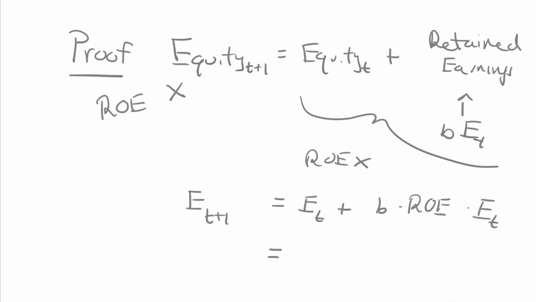Wow. What we've just shown is that earnings at t plus 1 is equal to earnings at time t times 1 plus B times ROE. This tells us that the growth rate in earnings is equal to B times ROE. Now, wait a second, you may say. Very nice. So the growth rate in earnings is B times ROE. But we didn't want the growth rate in earnings. We wanted the growth rate in dividends. But it's not only the growth rate in earnings, it's the growth rate in dividends.